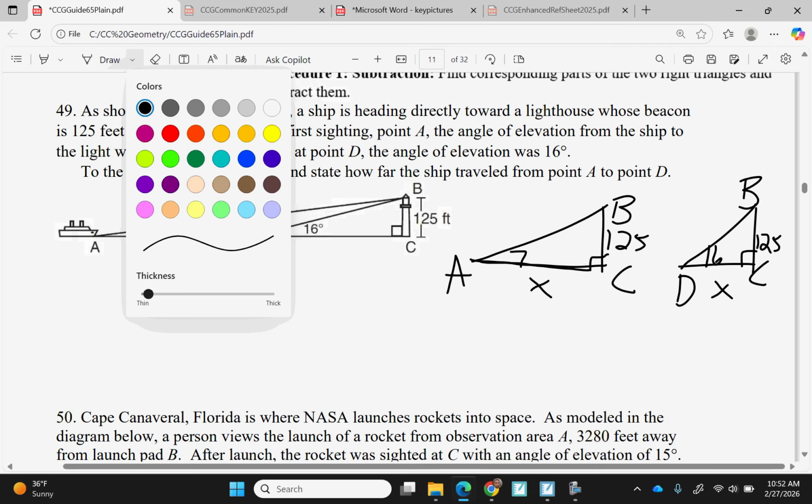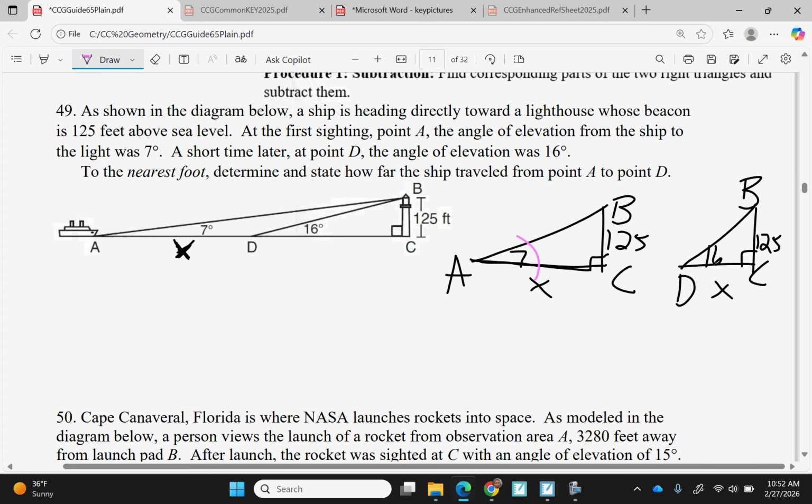So I'm going to go back to my pink, SOHCAHTOA. I have O and A, tangent.